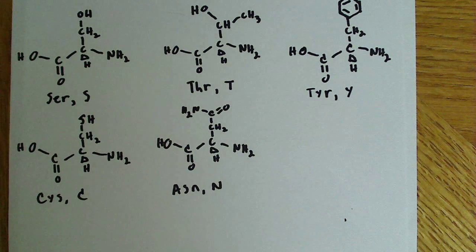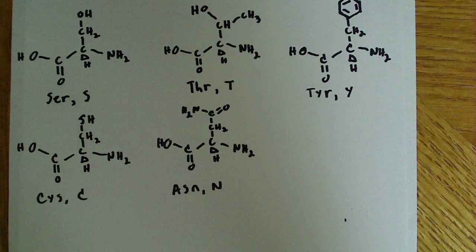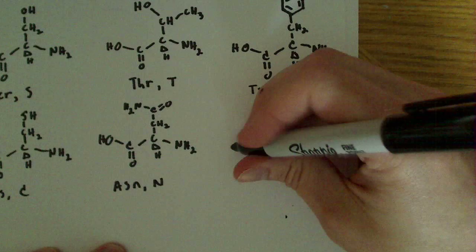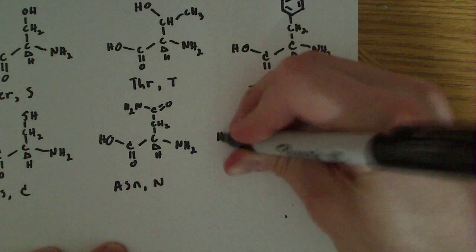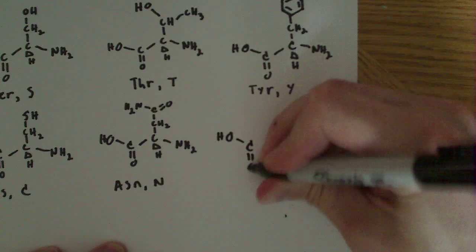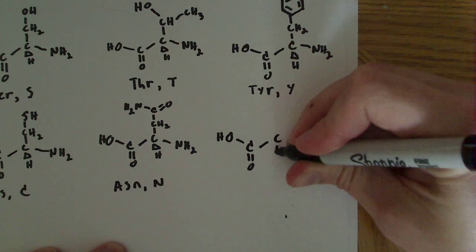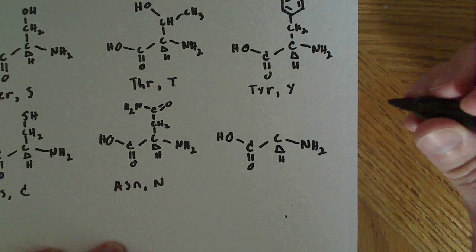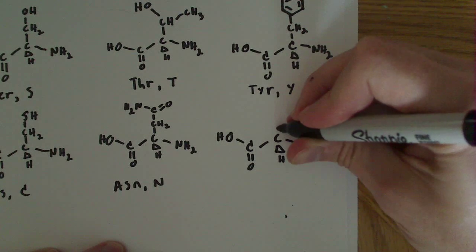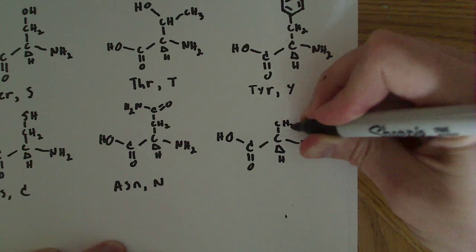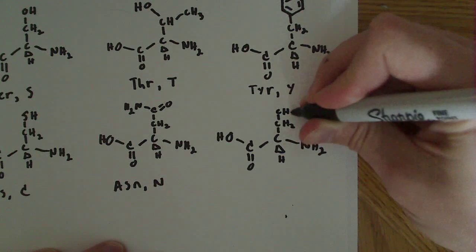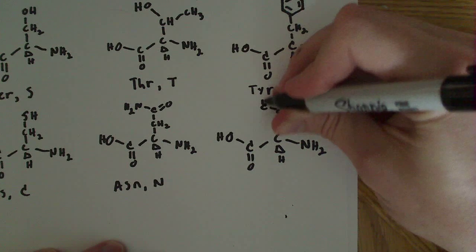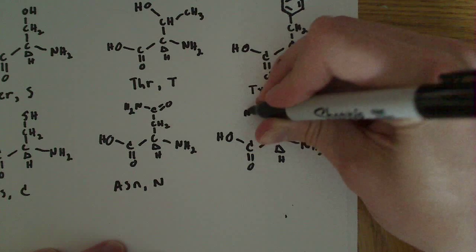So I left off glutamine, and I'll draw that out for you real quick, just again to give you guys an idea of how I'm doing it. Nothing special, nothing spectacular here. So I draw out my backbone, and then glutamine has a CH2, CH2, and then this is a C, double bond O, NH2.